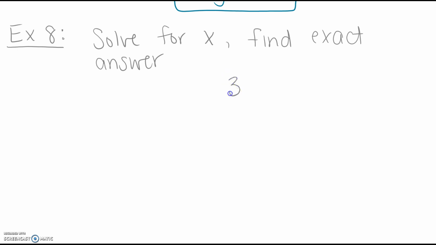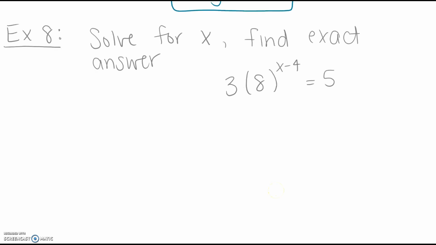So let's do 3 times 8 to the power of x minus 4 equals 5. First things first, we need to divide both sides by 3. So we have 8 to the x minus 4 equals 5/3.